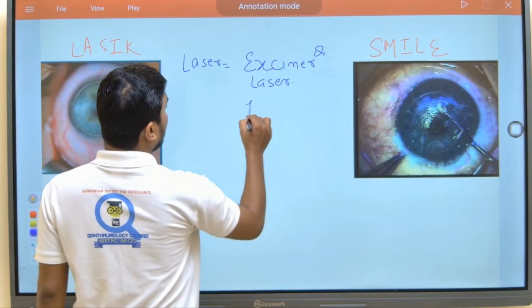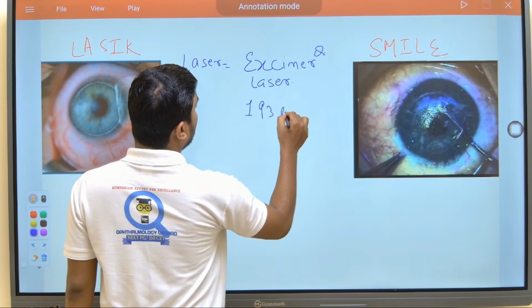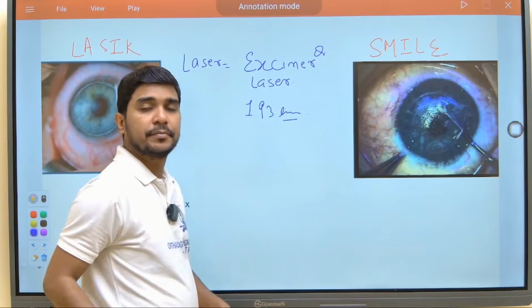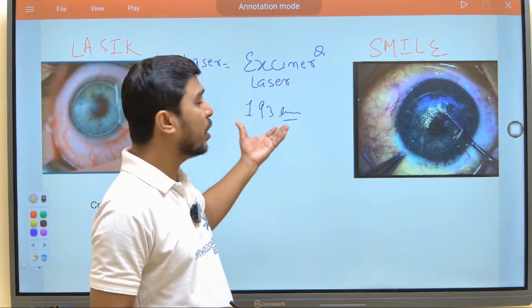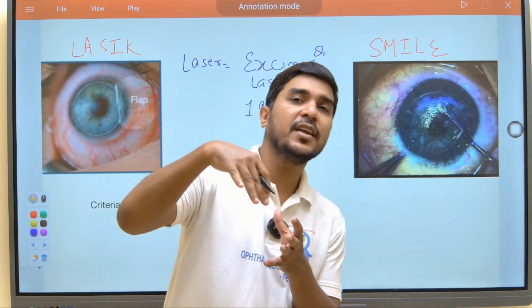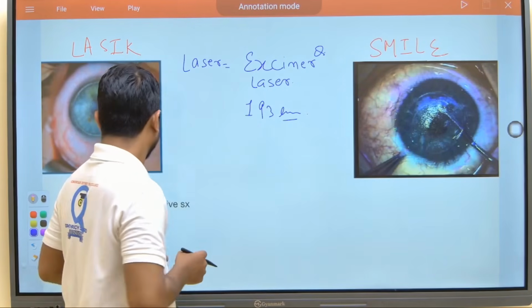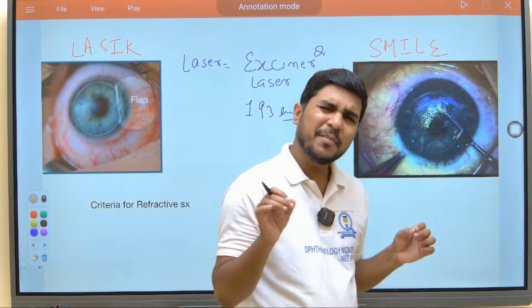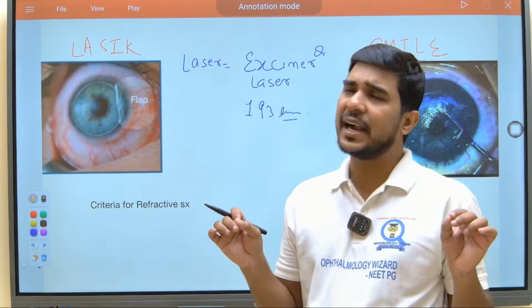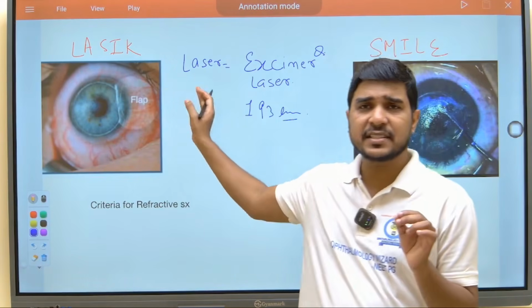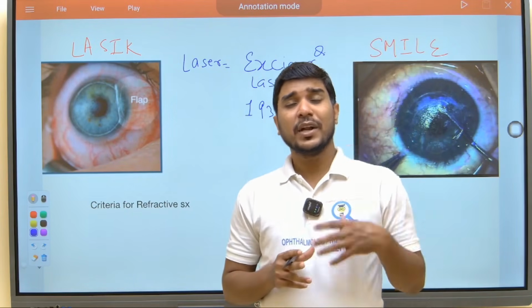It will be like 193, so it will be 193 nm. You are using this wavelength.